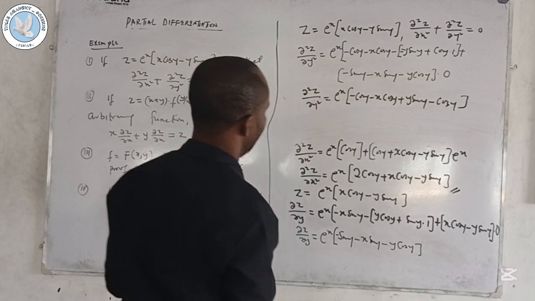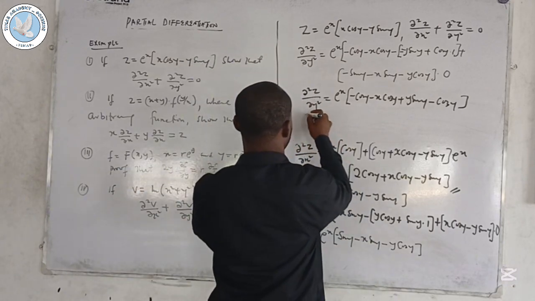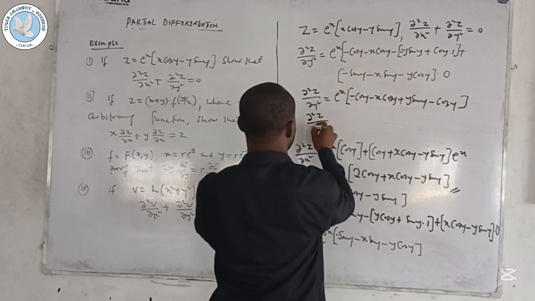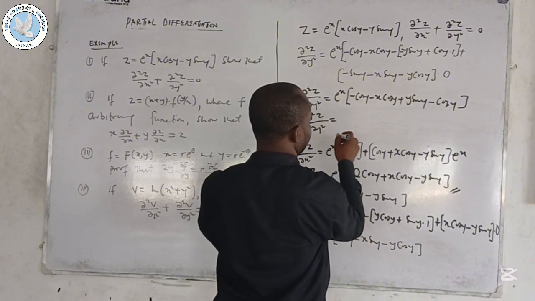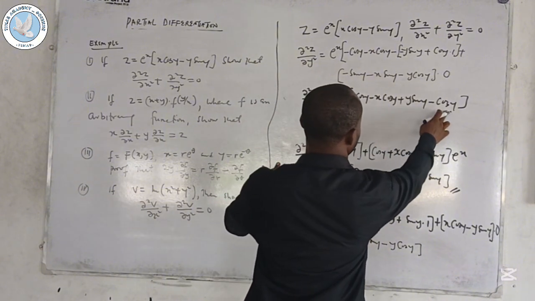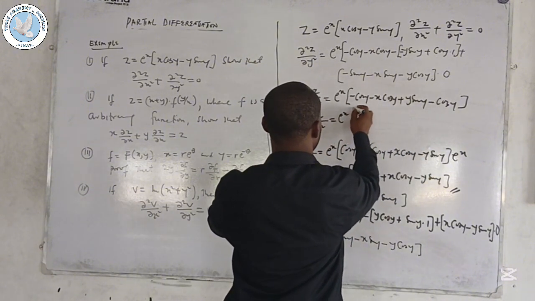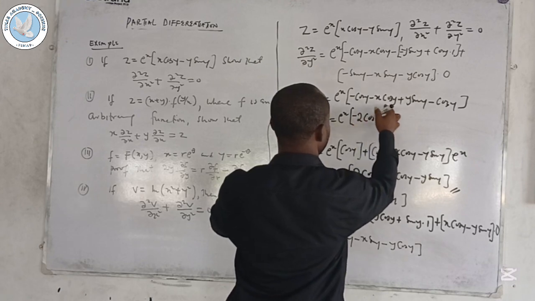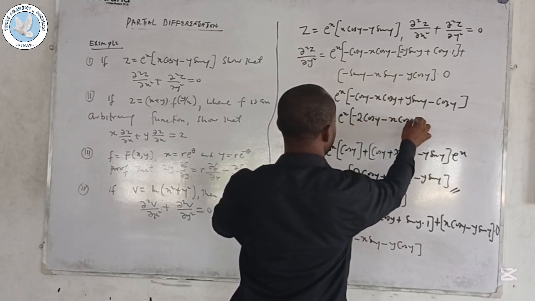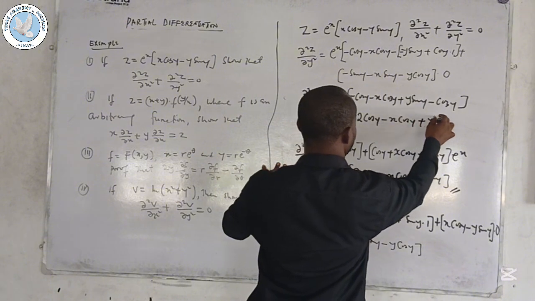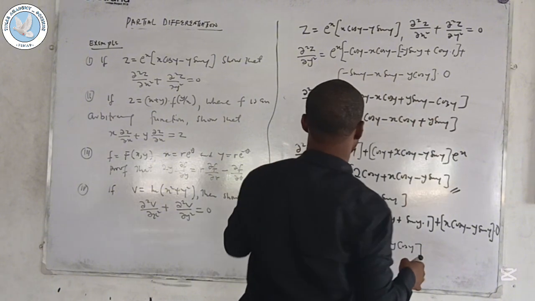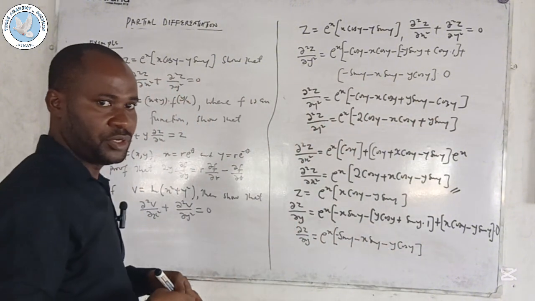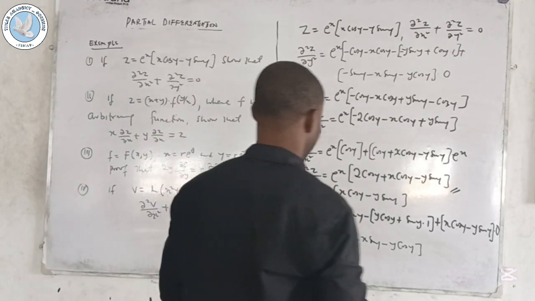So if you further demonstrate it, we are having this plus this is 2. So exponential x into minus 2 cos y minus this plus this. So we have gotten what we were looking for.